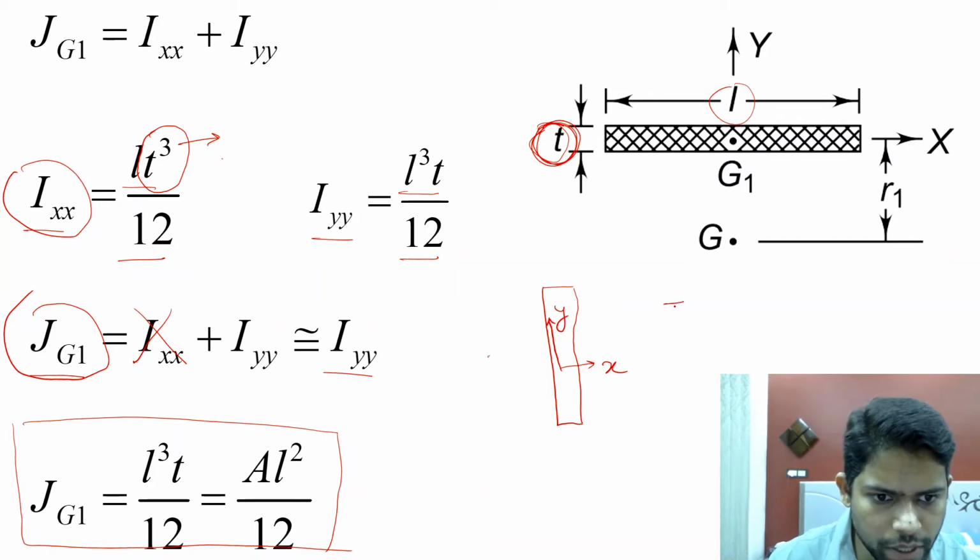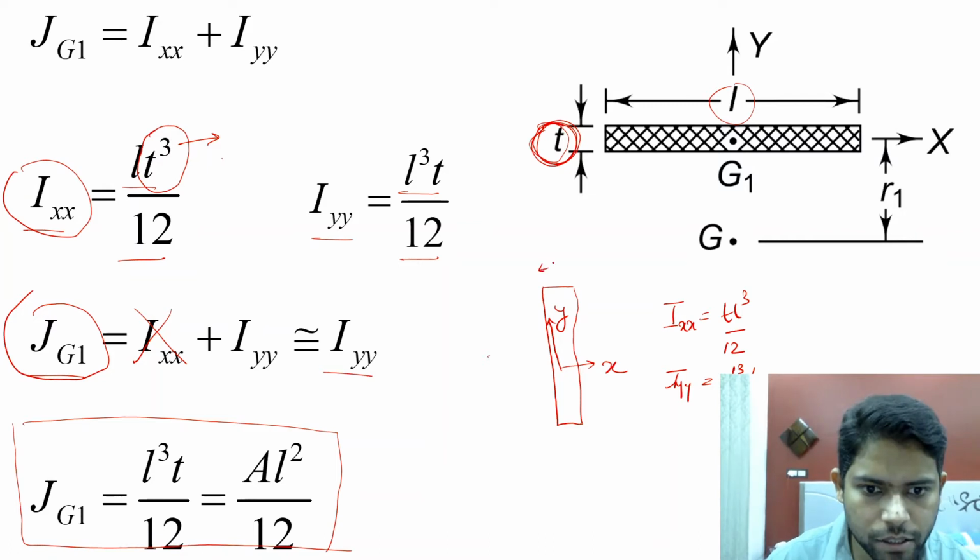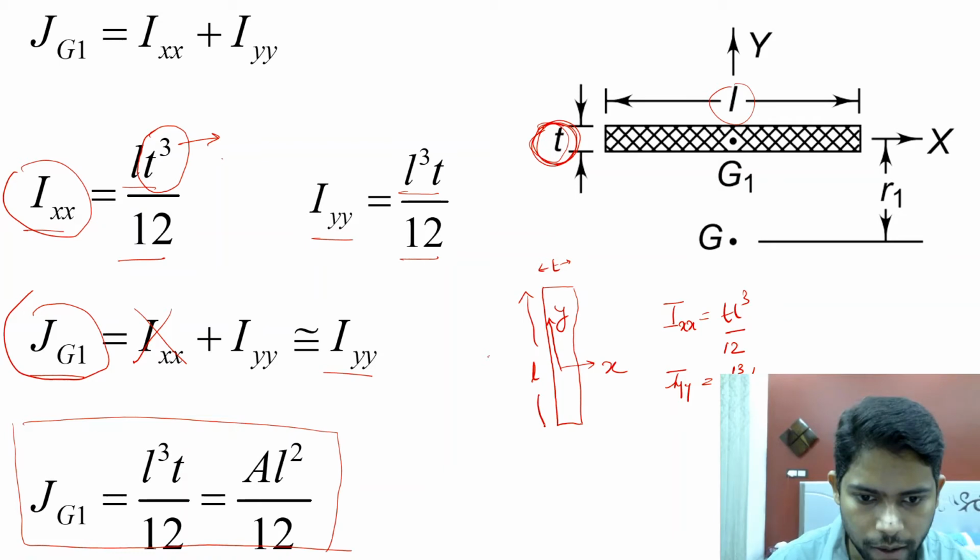So for this particular case, your Ixx will be equal to TL cube upon 12, whereas your Iyy will be equal to T cube L upon 12, where this distance is your T and this distance is your L.